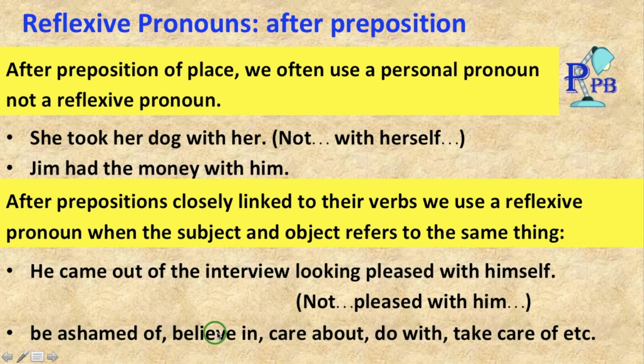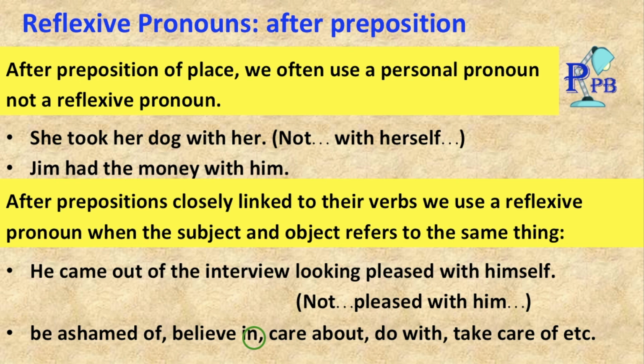Be ashamed of, believe in, care about, to do with, take care of, etc. You can use a reflexive pronoun with these verbs also. Here, ashamed of, after a preposition we can use a reflexive pronoun. Believe in, we often say believe in yourself.